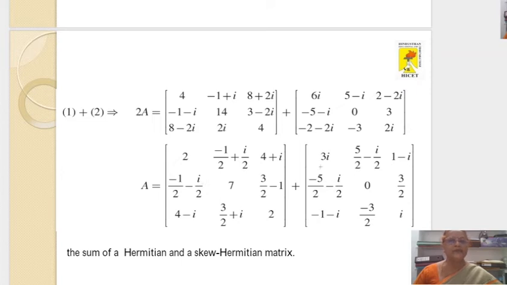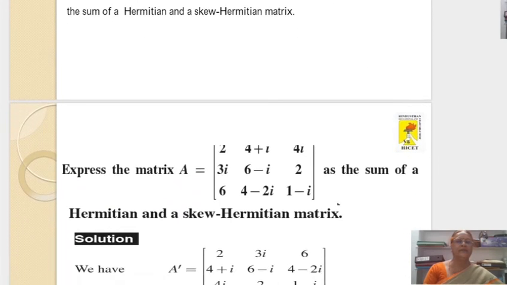Next is skew Hermitian. There is a property for skew Hermitian: the diagonal elements will be imaginary or zero. By that property, we say this is a skew Hermitian matrix. So A can be written as the sum of Hermitian and skew Hermitian matrices. Next.